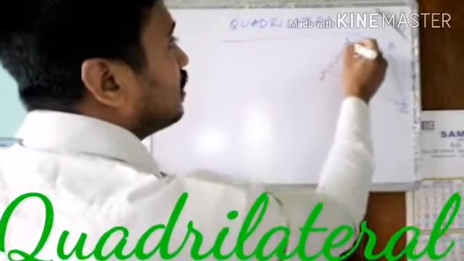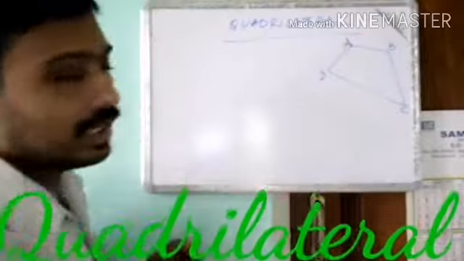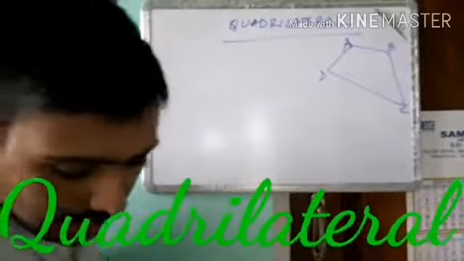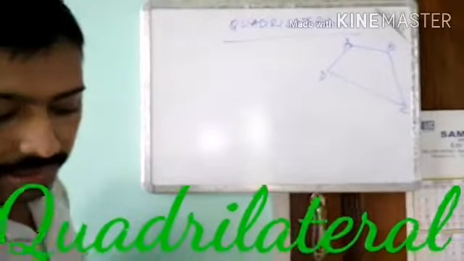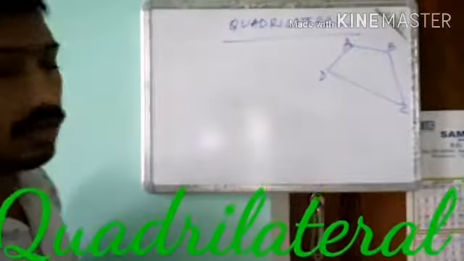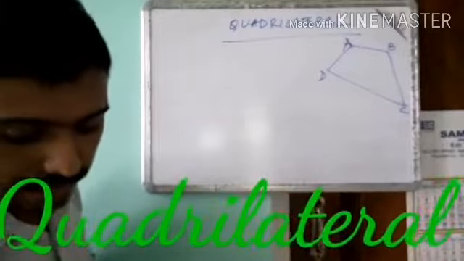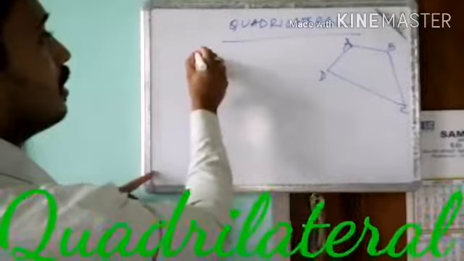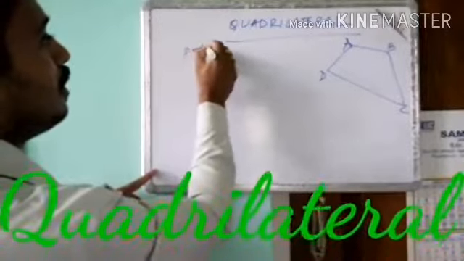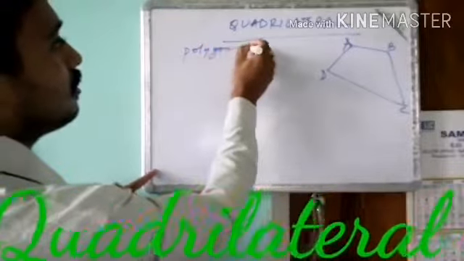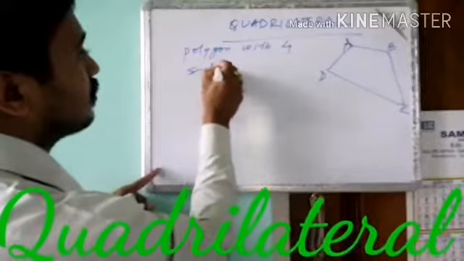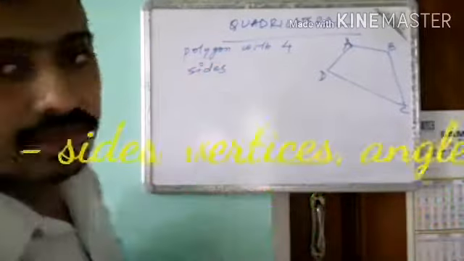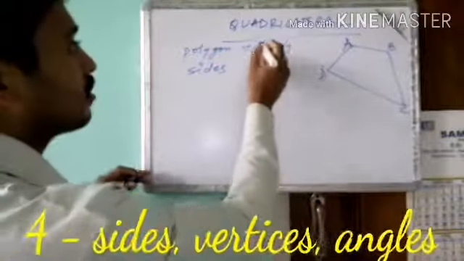This is a quadrilateral ABCD. A 4-sided figure is called a quadrilateral, with 4 angles and 4 sides. A polygon with 4 sides is called a quadrilateral.